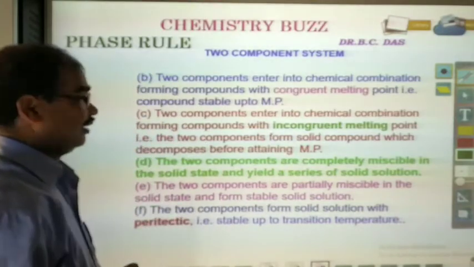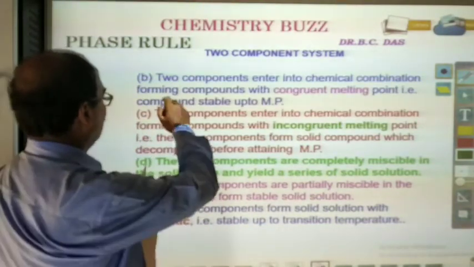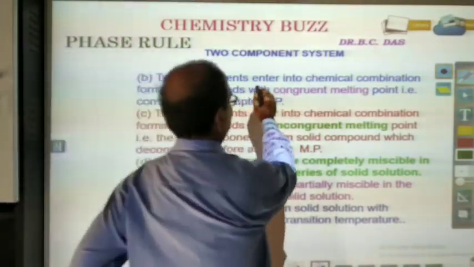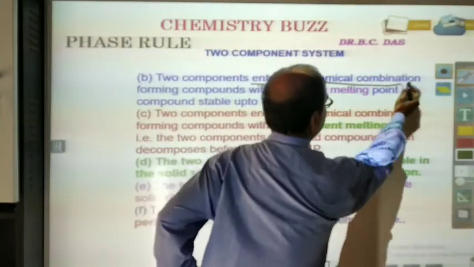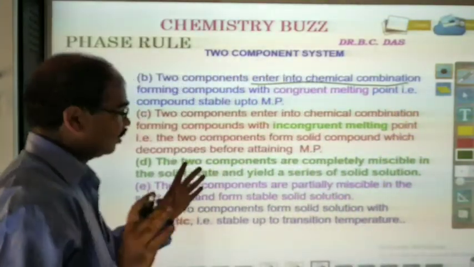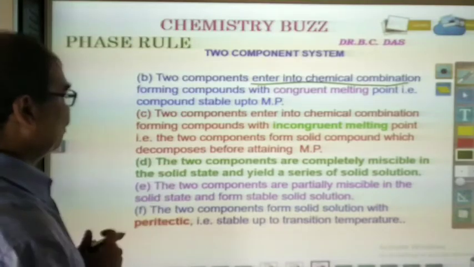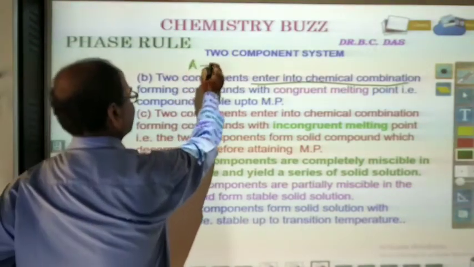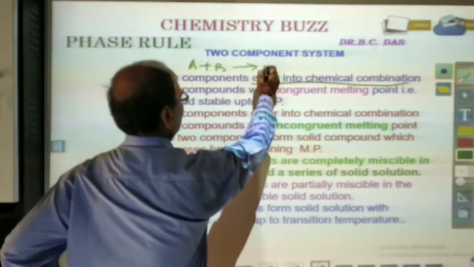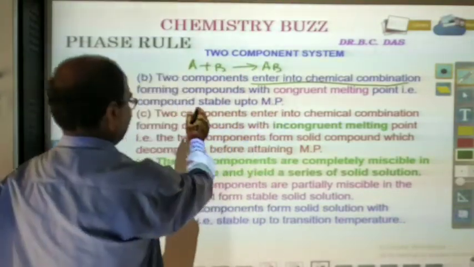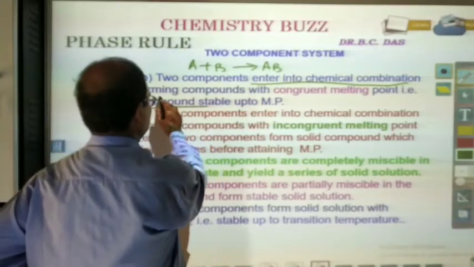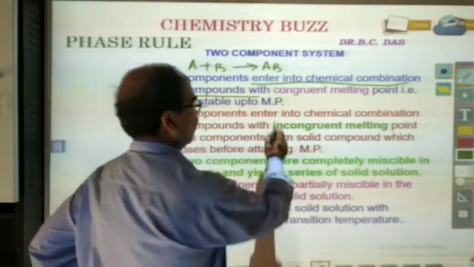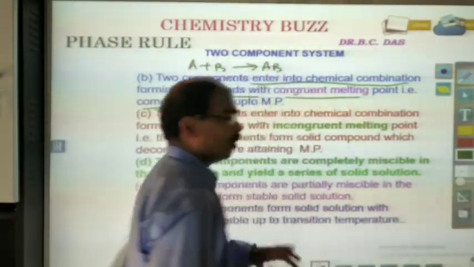Again, the next possibility: the two components enter into chemical combination. A and B, when mixed, enter into chemical combination forming a new compound, say A plus B gives AB, with a congruent melting point. So what is congruent melting point?